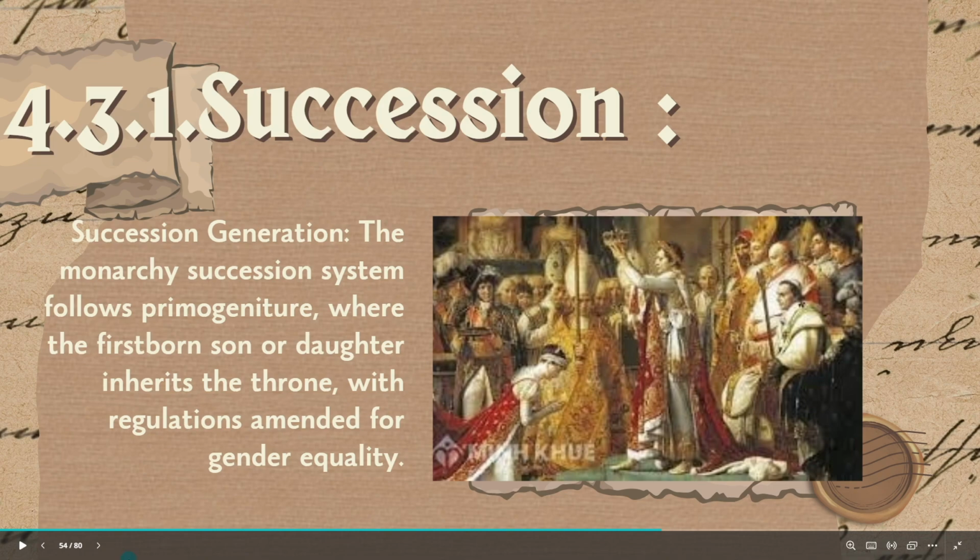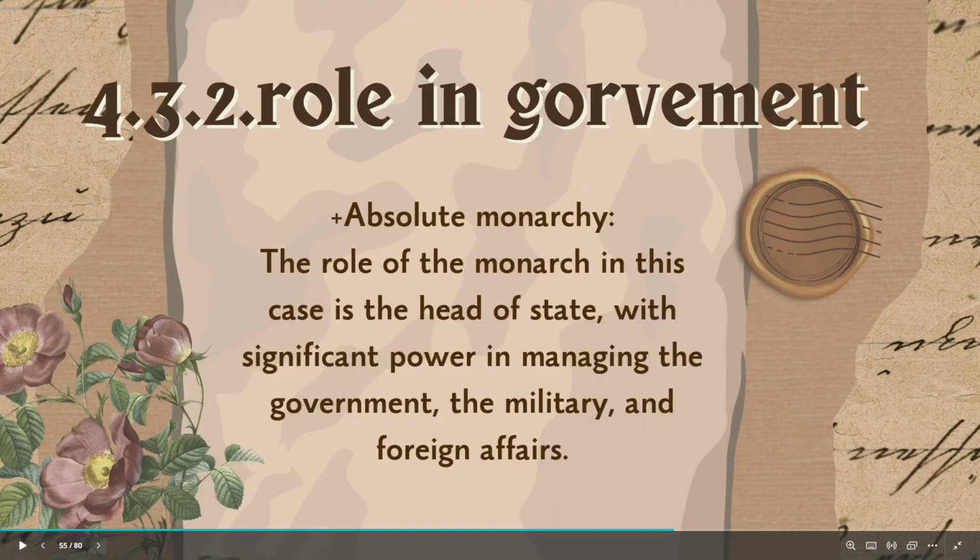One, succession principles. Two, political impact. Three, coronation. Four, role of the royal family. Five, role in the government.